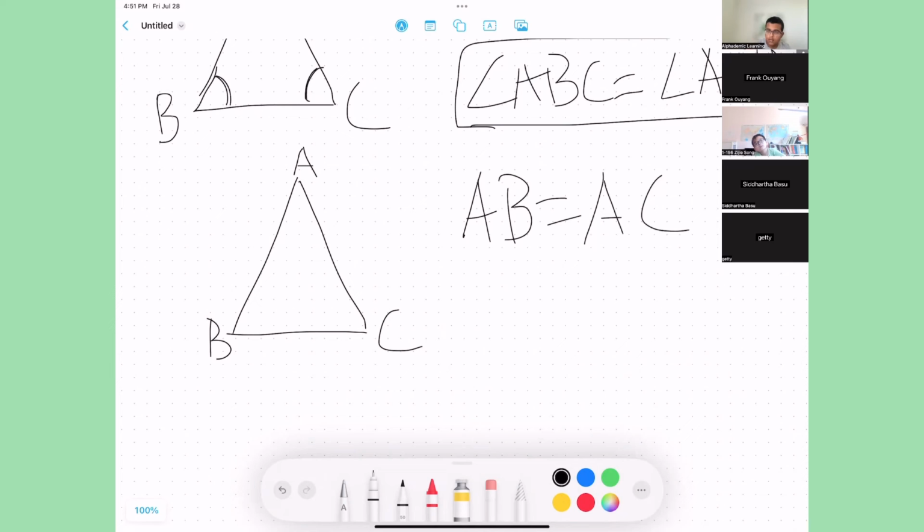The trick to this proof is you draw a perpendicular from A to line BC. So you draw a perpendicular from A to BC. And does anyone remember from our first class what that does in terms of angles?